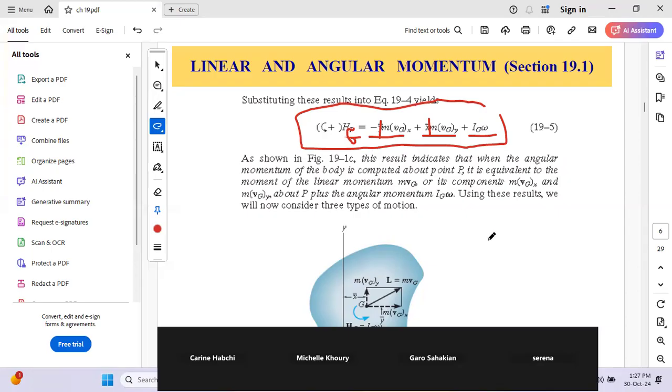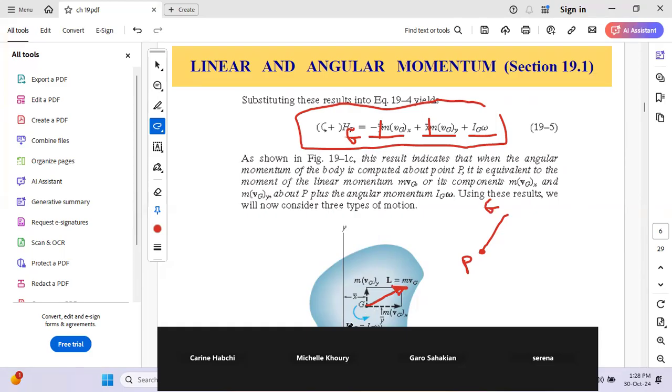So if I consider that P is fixed, what will happen? If P is fixed, G will rotate about P. So if I consider the terms VGX, VGY, okay? So let us consider that this is G. And you have VGX, VGY. So as I said in the figure, this is VGX, this is VGY, and this is vector m VG, okay?